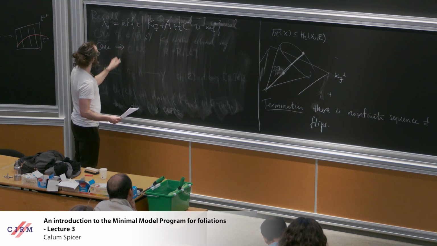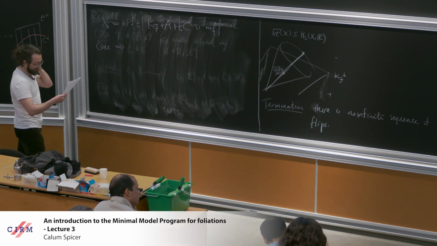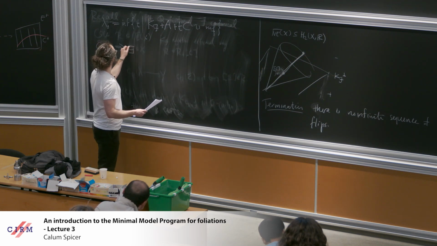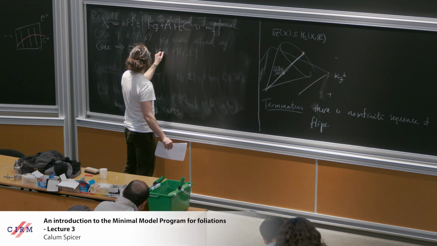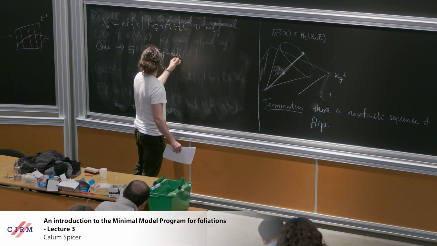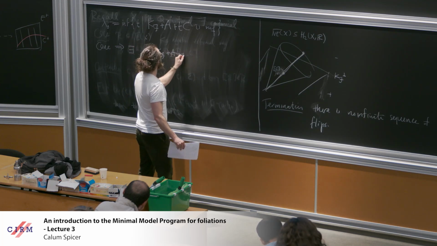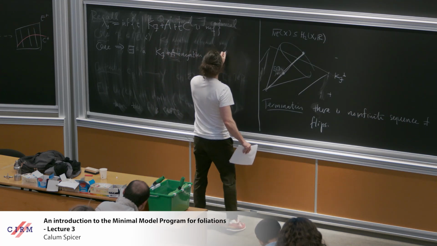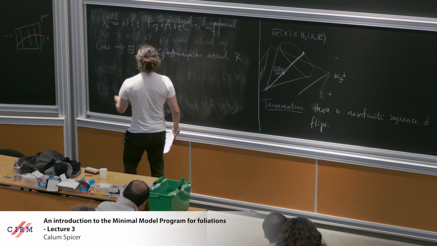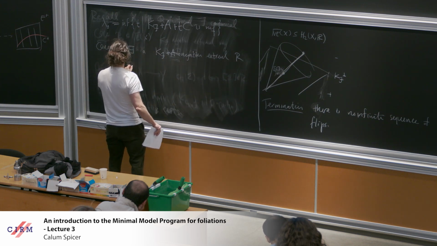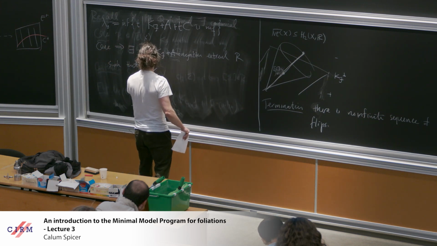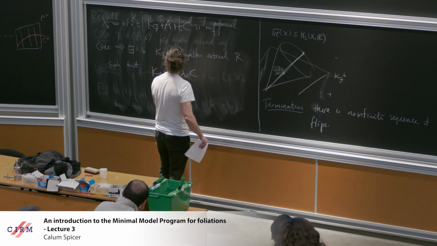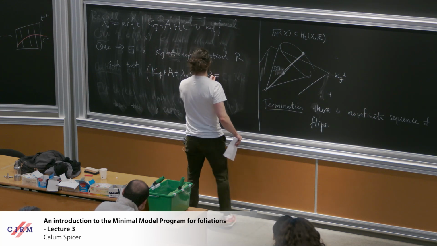So the cone theorem, or conjecture as it may be, implies that there exists a kf plus a negative extremal ray R such that kf plus a plus lambda naught c dotted with R is 0.